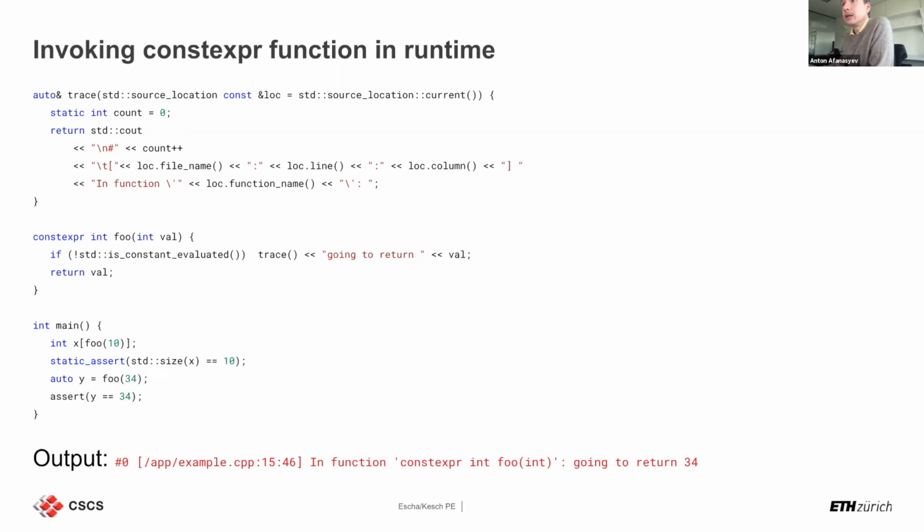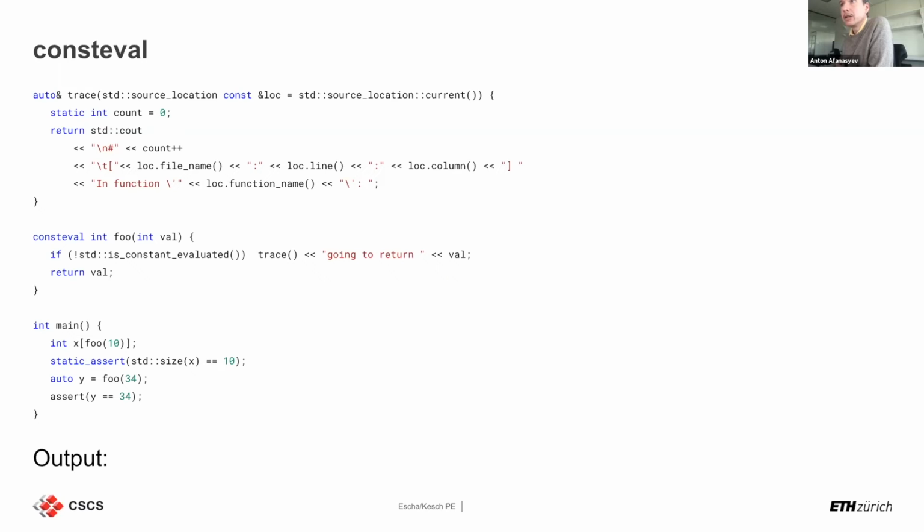Okay, that's good, but let's do the following thing. Let's change the constexpr definition of our function to consteval. Now we don't have output, but all our asserts are still good.